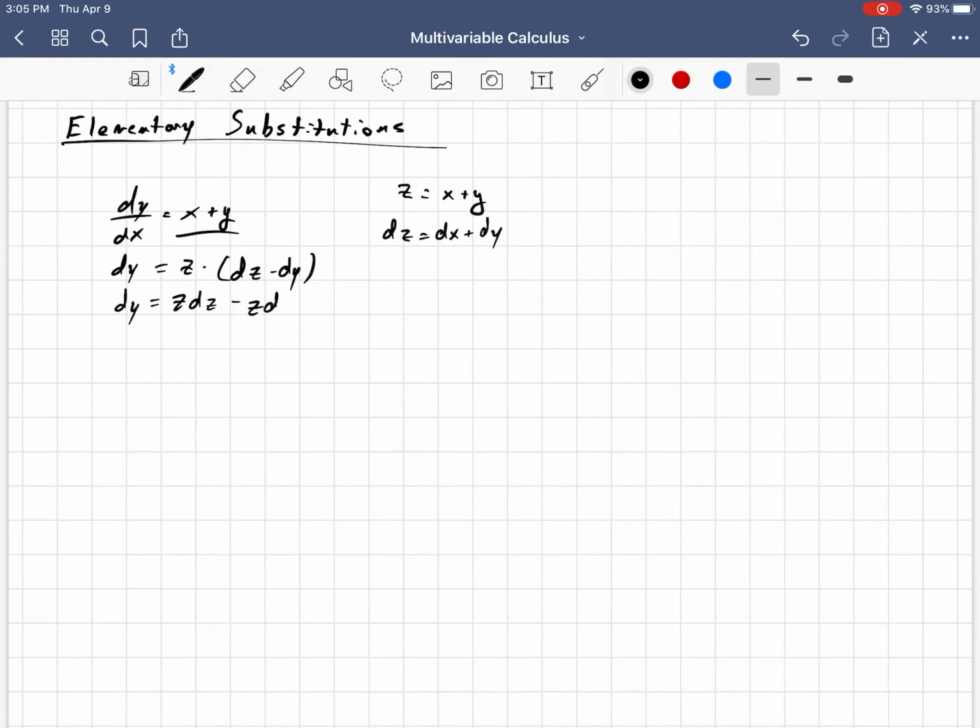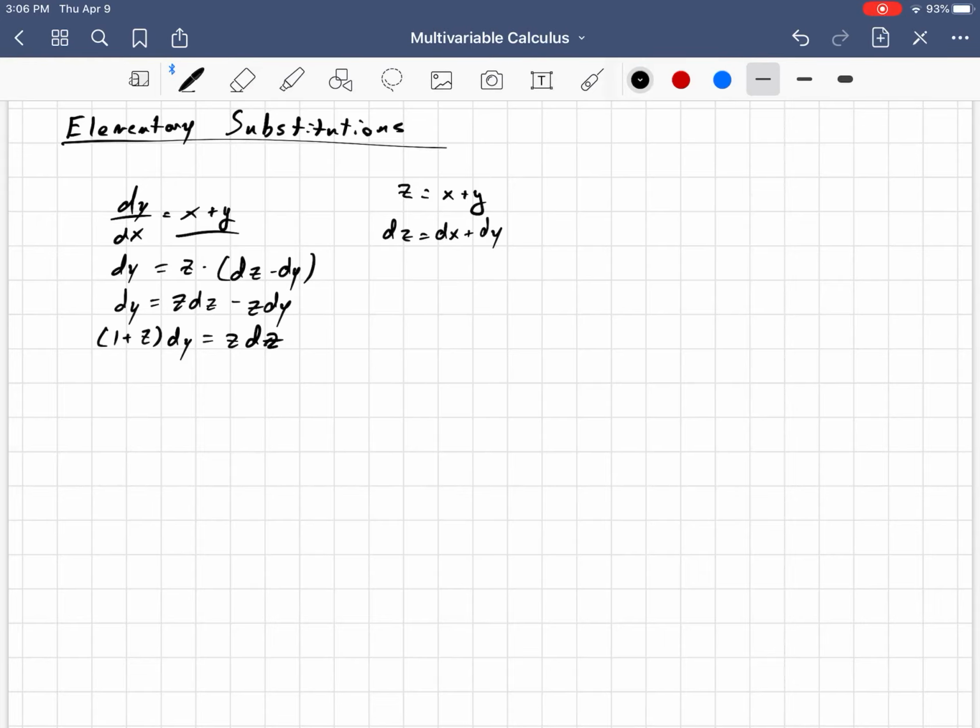And now this equation is separable. Dy is equal to z dz minus z dy. So 1 plus z dy is z dz, and you can go from there about solving it.